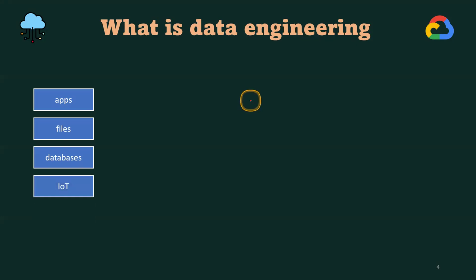The data may also come from some IoT devices such as sensor devices, right? So we have multiple data sources the data is coming from. These are what I usually call data sources: where the data is generated or where it is coming from. It can come from an application, a file format, a database, or IoT devices.